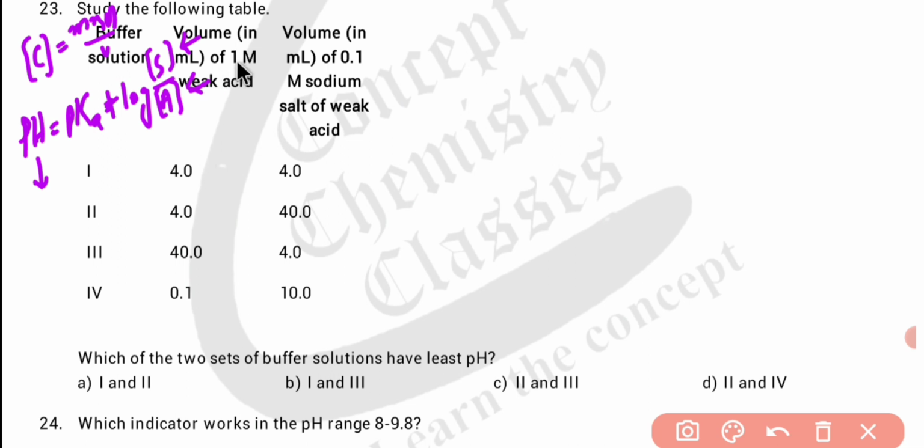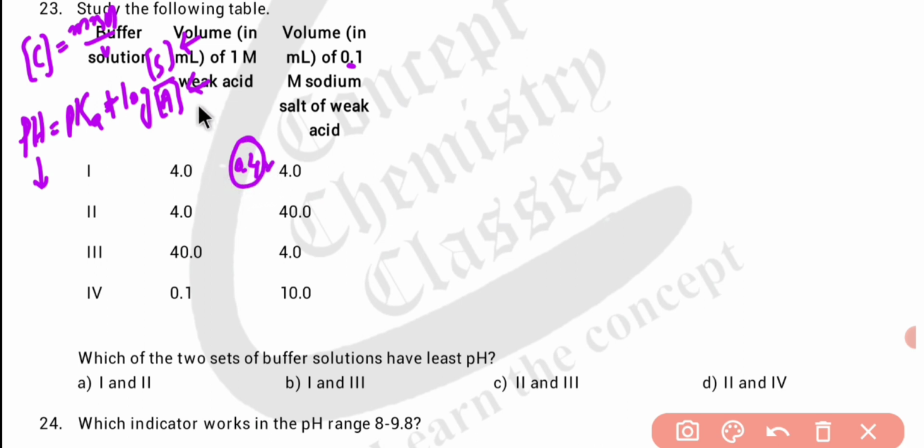Millimole of acid is 4 into 1, which is 4. For the salt, millimole is 4 multiplied by 0.1, and this will give 0.4. Okay, this is the millimole of the salt.